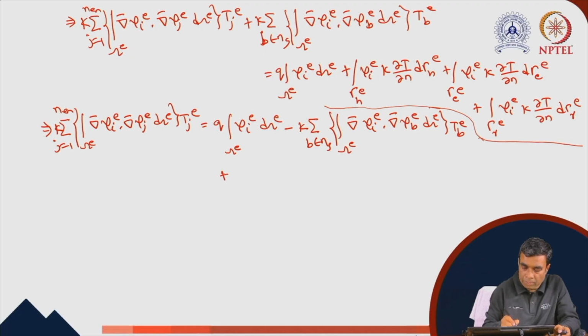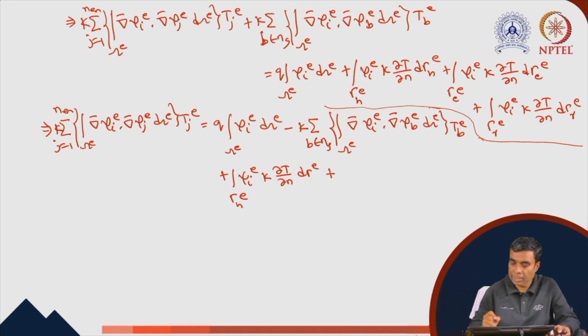Next we have the contribution from the natural boundary condition. This is integration over gamma he of psi ie k del T del n d gamma he. Now let us consider the contribution from the convective boundary condition.